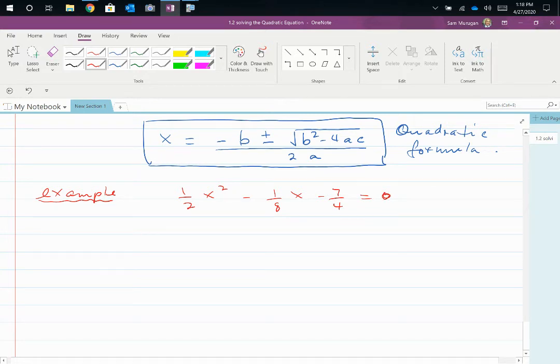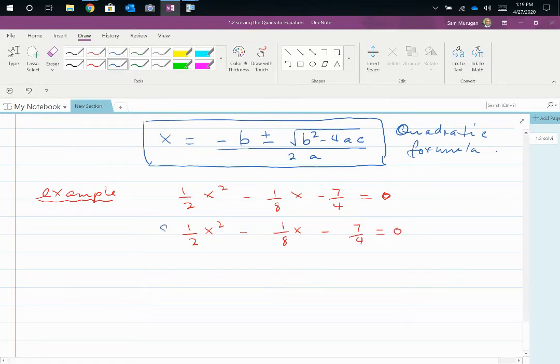So we don't want to put fractions into the quadratic formula. That would create a mess. So our first goal here is to clear the fractions, and we would clear the fractions by multiplying by the LCD, which in this case is 8. So everything will get multiplied by 8.